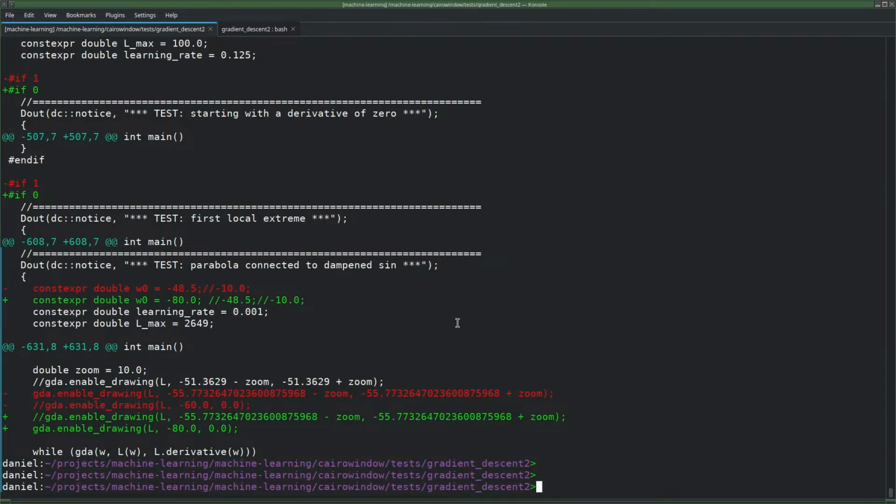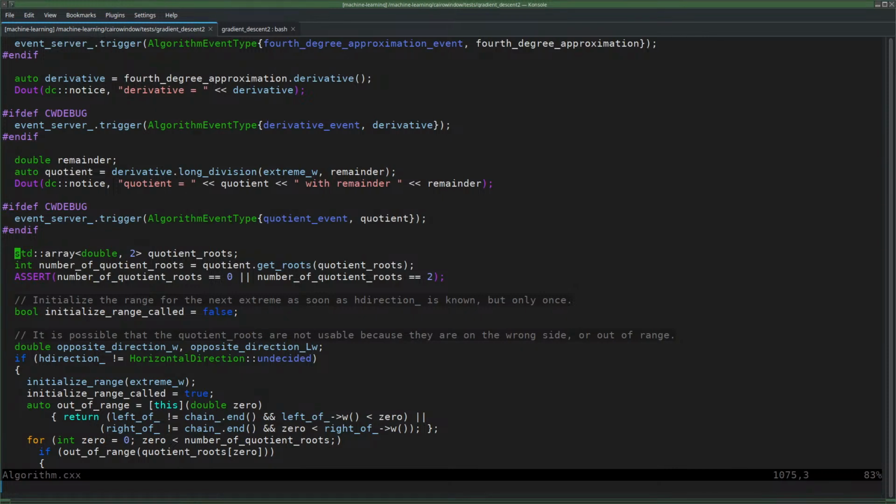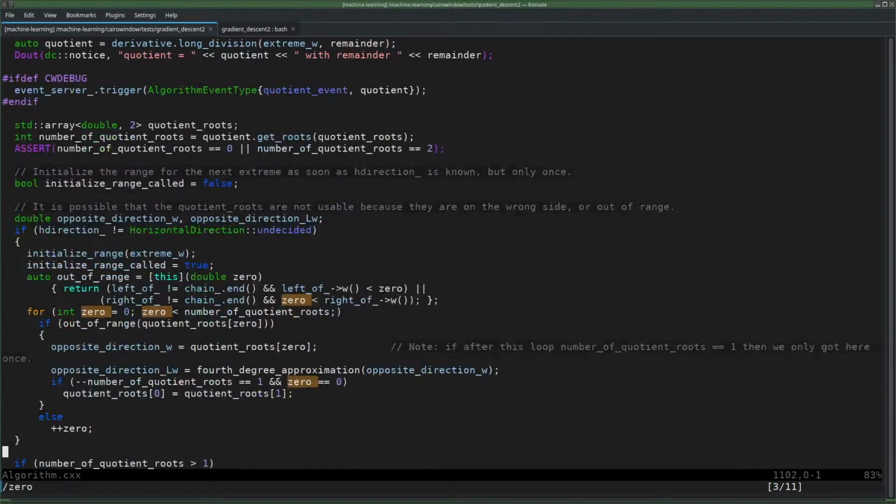I do need to know, however, where my quotient roots went. Which file I've got. Quotient roots, obviously algorithm. And then I had 0 in there. And I wanted to probably should just get rid of the whole 0 thing, right?